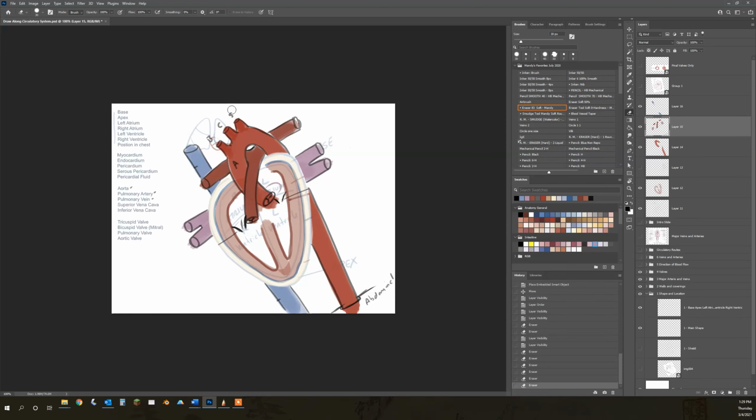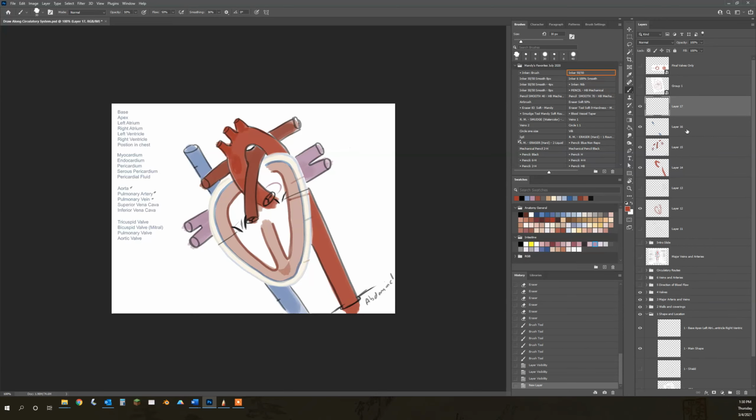So we'll get some of this out of here. There, dispatched a heart. Oh, that was sad. So sad. Okay. And I can get rid of all that. Okay, and the reason I wanted to get rid of all that is because it can get a little confusing with the route of blood flow.